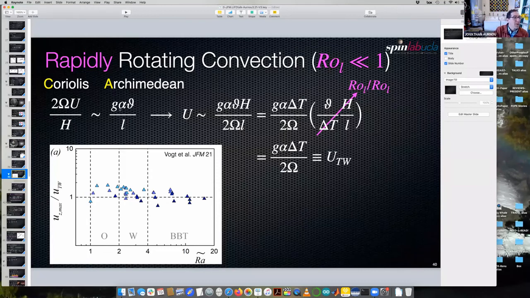Meanwhile, the buoyancy torque is on the local vortex scale. So you have H over L and you have a theta. And so what we've done is we multiplied top and bottom by delta T. So you have theta over delta T, which is what you said, it's small, it's Ro_L, but you also have H over L here. So H over L is order 1 over Rossby. And so you actually get a cancellation between the two.